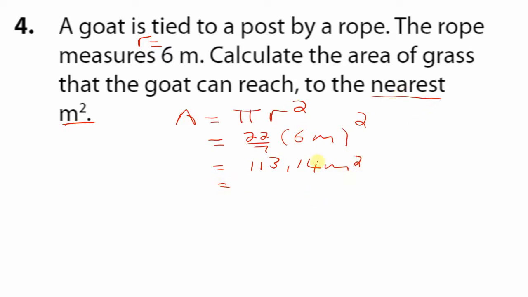But we want to the nearest meter. Here's the nearest meter. Look to the neighbor to the right. It is a comma 1. It is smaller than 5. So just cut off that part. So it's simply 113 square meter.